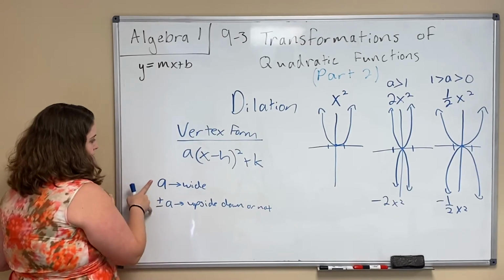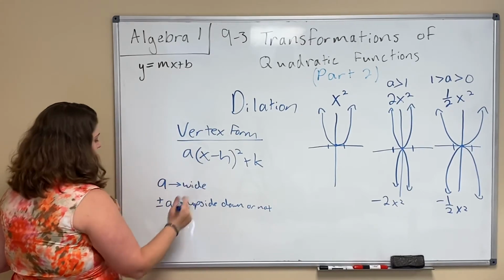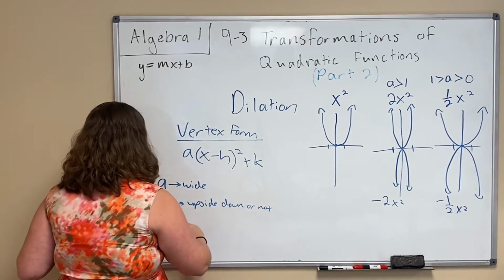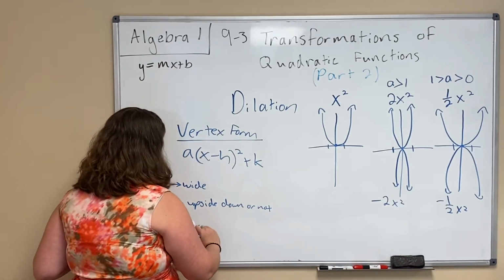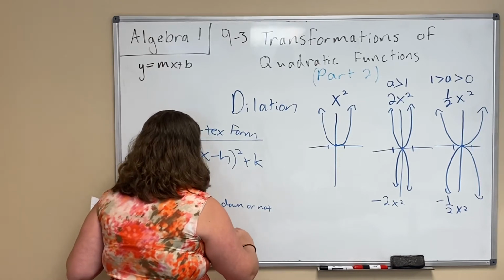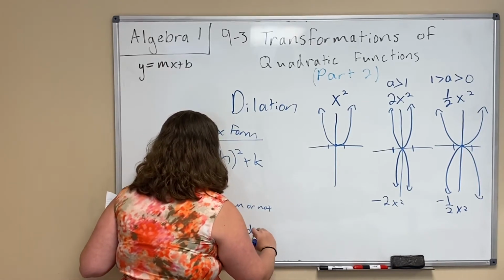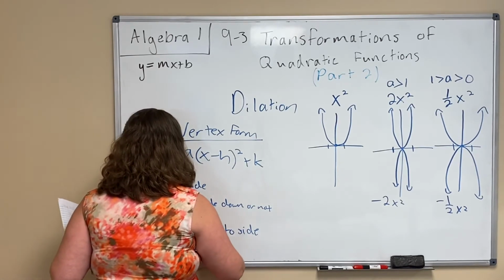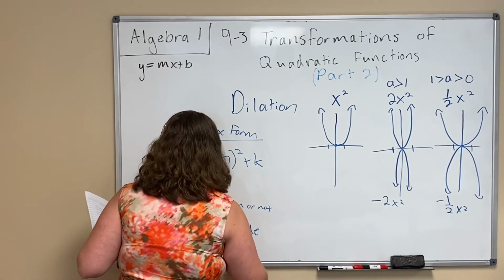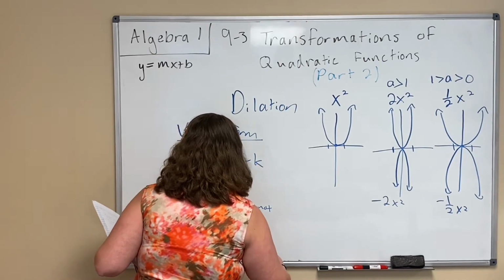All right, that's our A value. Our H is going to tell us how much it moves side to side. And our K is going to tell us how much it moves up and down.